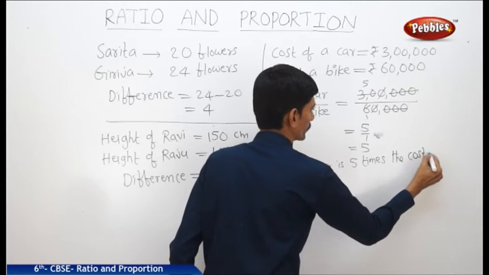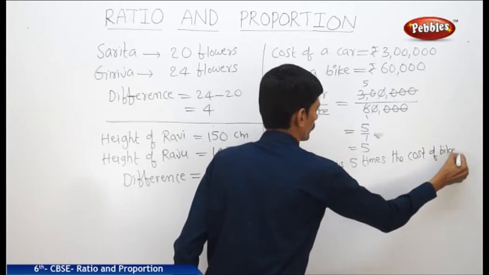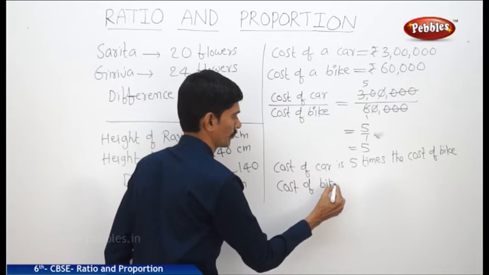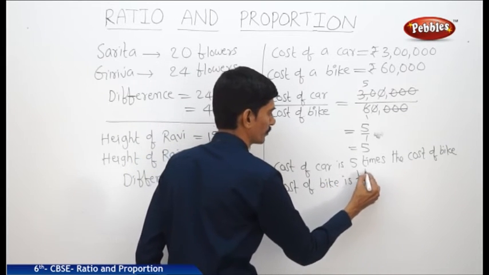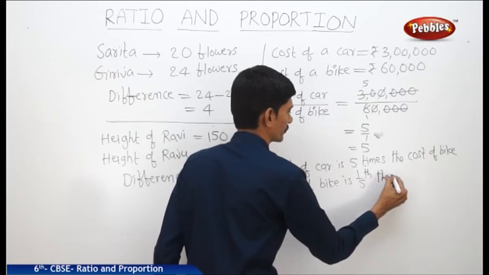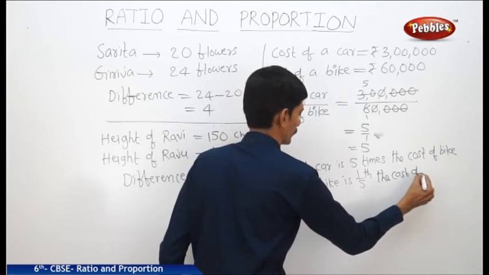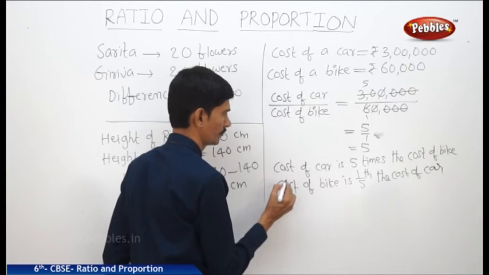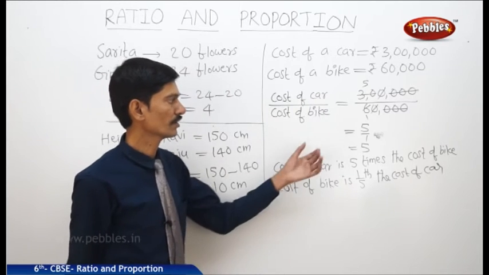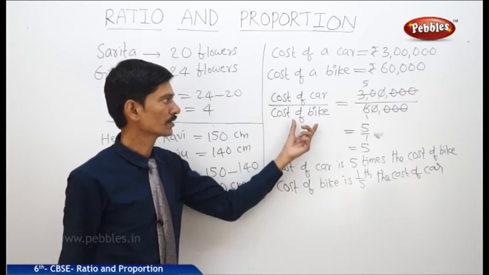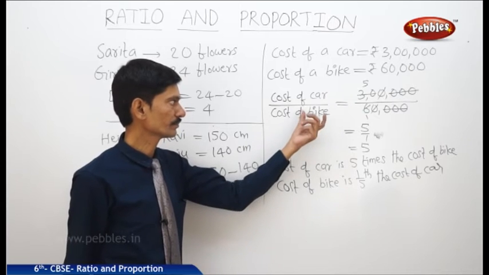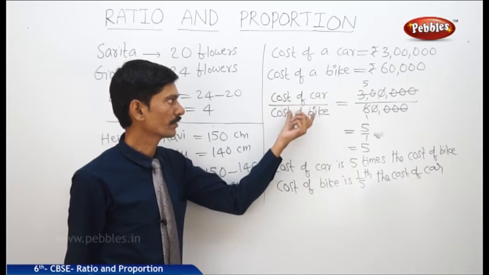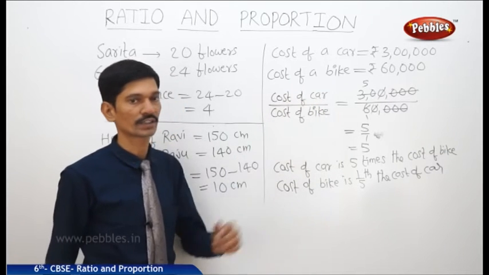Times the cost of bike, or we can say that cost of bike is 1/5 the cost of car. So this is also one of the ways to compare the two quantities by finding the quotient or by finding the ratio of the first quantity by the second quantity.